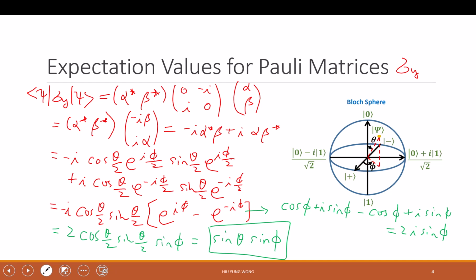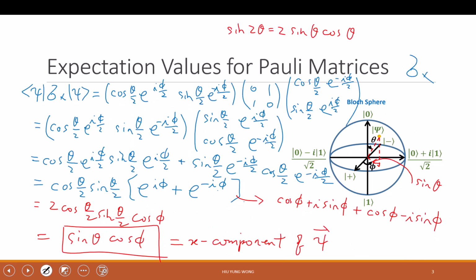So all this is expected, this is the y component of this vector. So this is x, this is z, this is x, and this is y. Right? This is z, y, x.